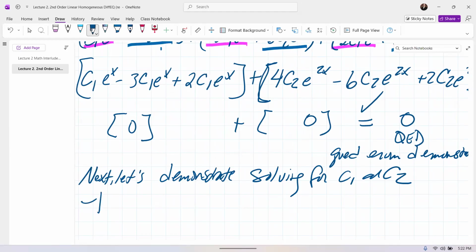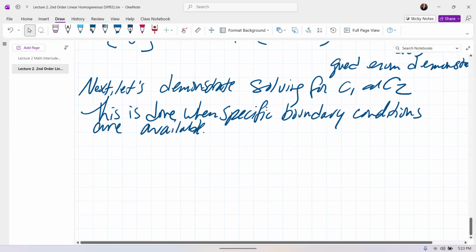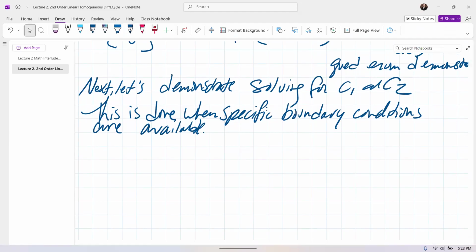This can only be done when some boundary conditions are known. Right, so let's see what this would be like. You have to have more info given, in other words.